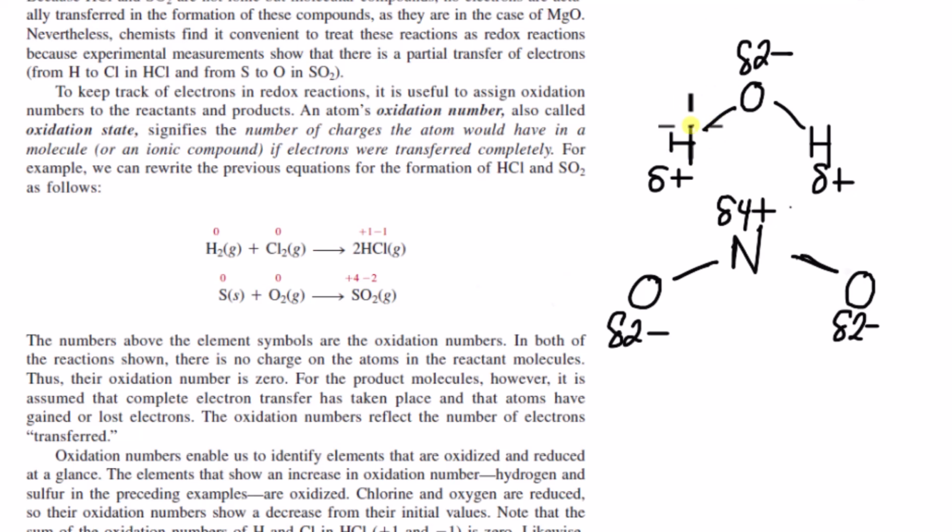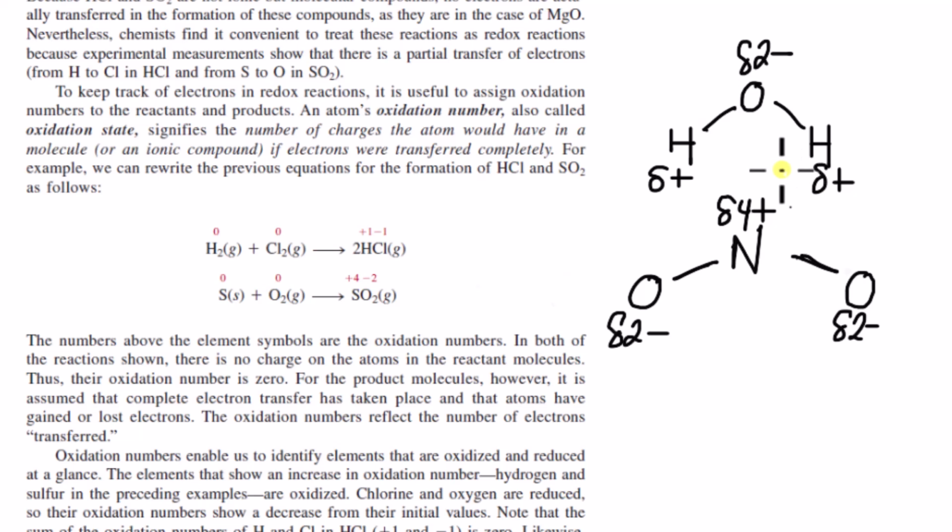Because here for H2O, we know this is a polar molecule, and we know that the nature of the polarity is that the more electronegative oxygen atom, with respect to hydrogen, is pulling the lone electron of this hydrogen towards it, and the lone electron of this hydrogen towards it. That's what's causing this 2- polarity here and positive polarity here. It's called a polarity because it's not a full transfer of charge. It's just a skew of charge.